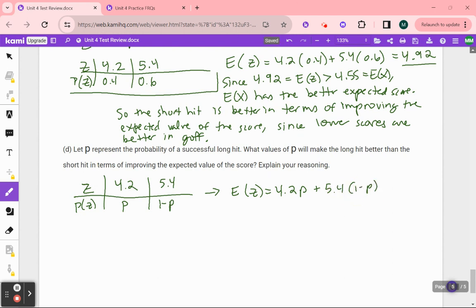And let's see, we want to make the long hit better than the short hit.